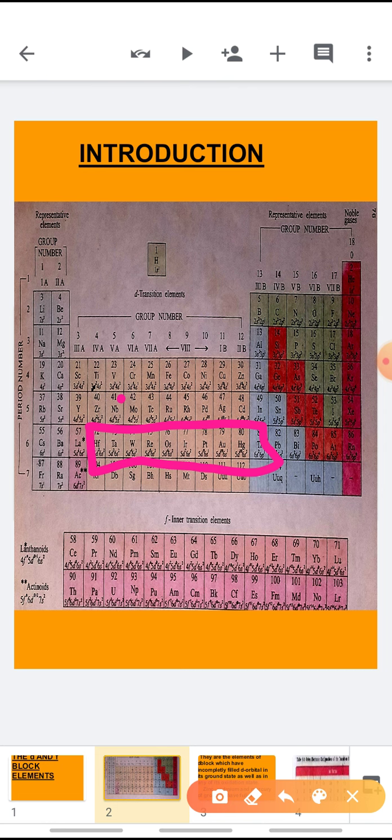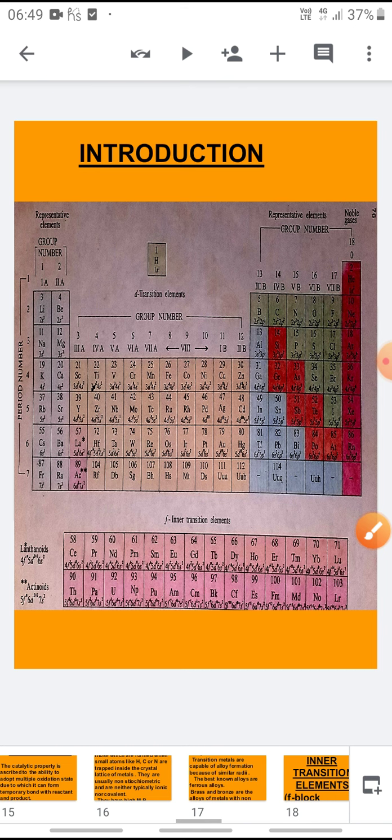It is because from lanthanum to lutetium, the size is decreasing according to the lanthanoid contraction, because of the imperfect shielding effect. Similarly, hafnium's size is also not very big. It is also decreasing, due to which zirconium and hafnium are almost similar.